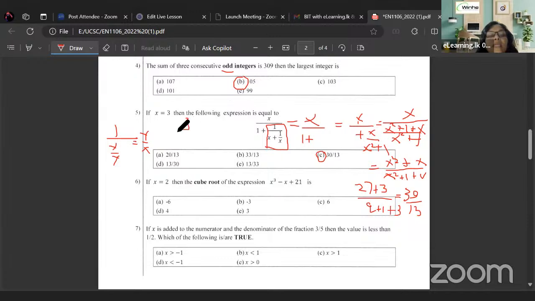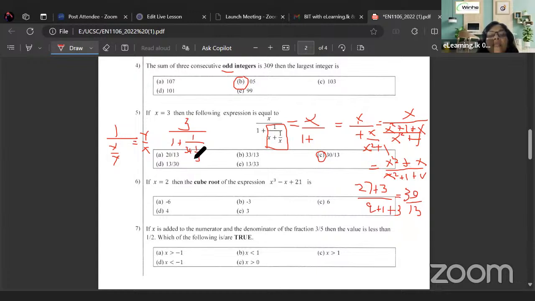For x equal 3, 1 plus 1 over 3 plus 1 over 3.